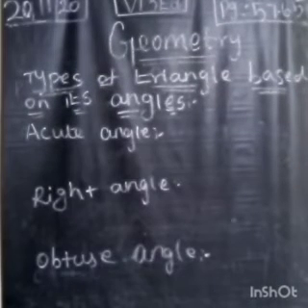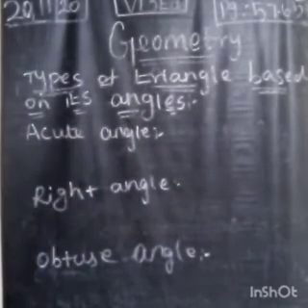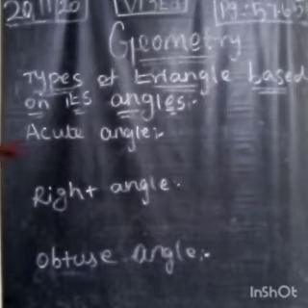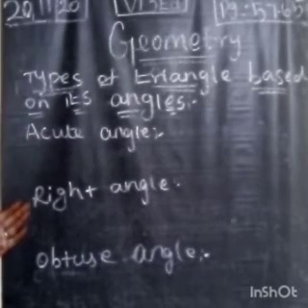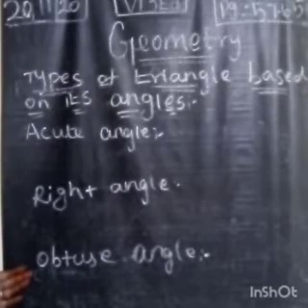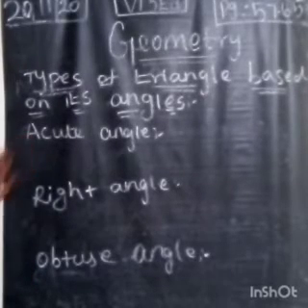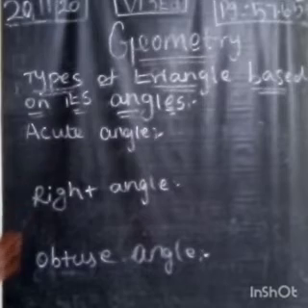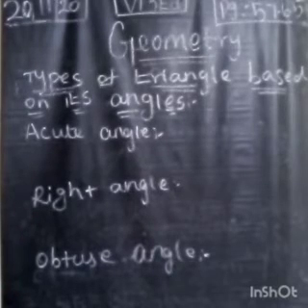Next we move on to the types of triangles based on their angles. The triangles are acute angle, right angle and obtuse angle. Acute angle triangle, right angle triangle and then obtuse angle triangle.